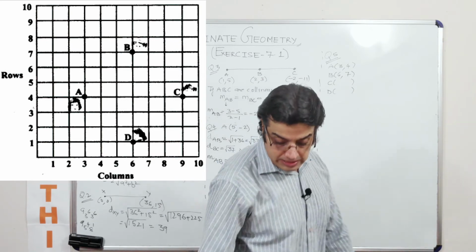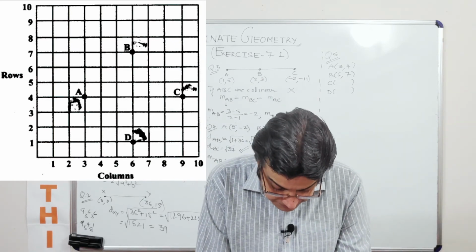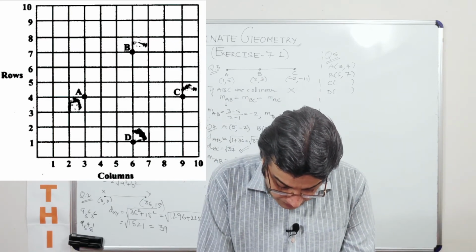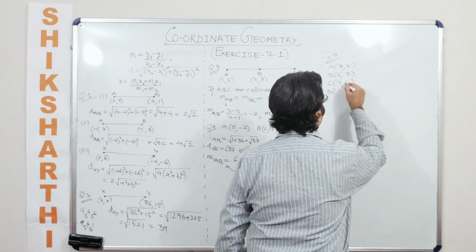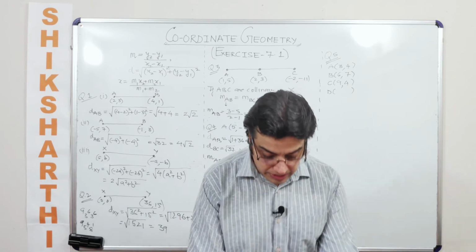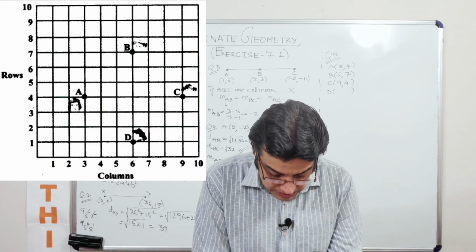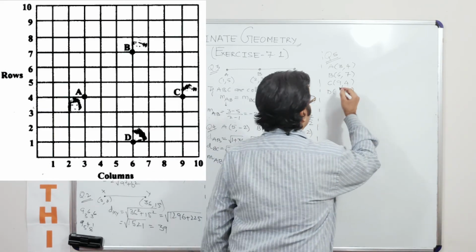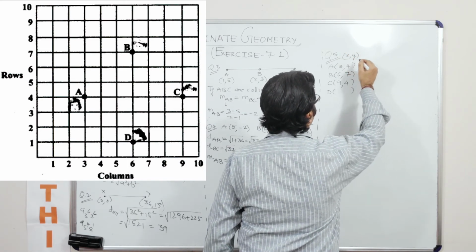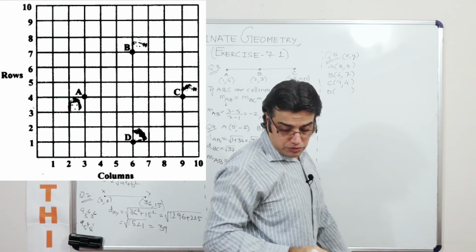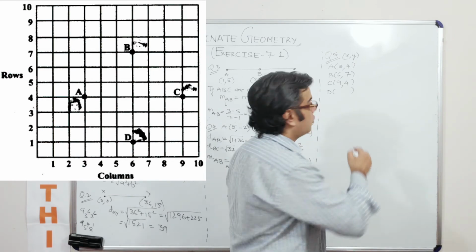For C, the coordinates are, let's say, 9, 4. And for D, the coordinates are 6, 1. We are talking about x, y, so we are determining the coordinates in terms of abscissa, comma, ordinate. So for D it is 6, 1.